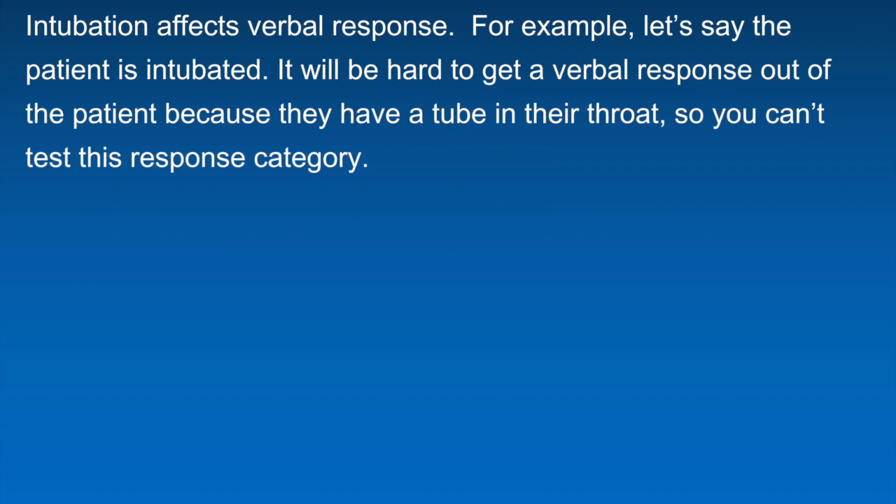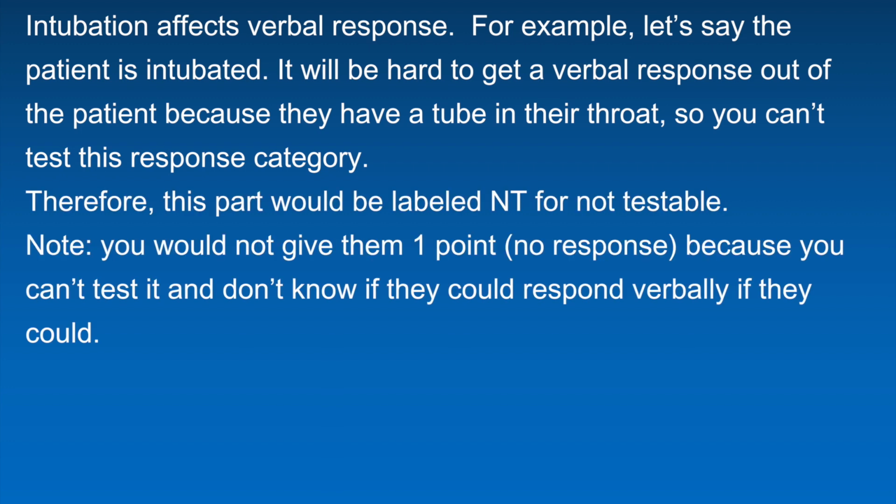Intubation affects verbal response. For example, let's say the patient is intubated. It will be hard to get a verbal response out of the patient because they have a tube in their throat. So you can't test this response category. Therefore, this part would be labeled NT, that is for not testable.